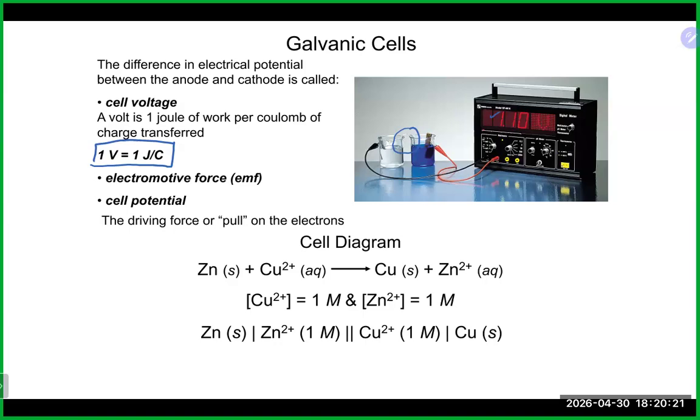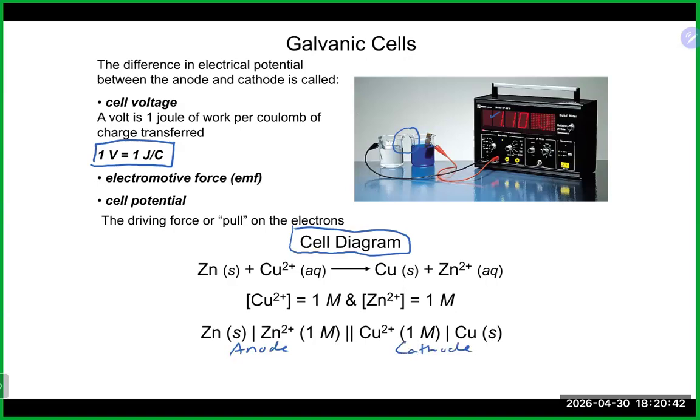We could also show the galvanic cell in a shorthand way, and that is what is known as a cell diagram. When you write a cell diagram, it is always anode on the first part, then cathode.